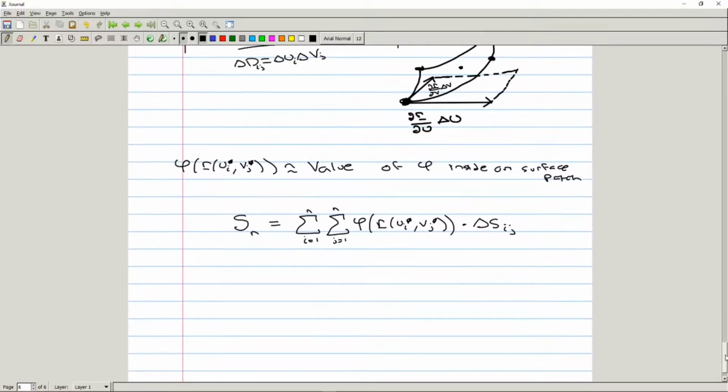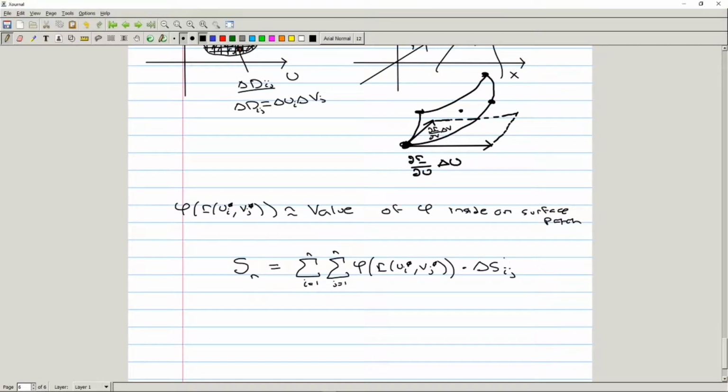This is because delta Sij is an approximation to the area, and this is the approximate constant value on each individual patch of phi. If phi is a mass density function, then this mass density function multiplied by this area gives us a total approximation to the amount of mass on that piece of surface.